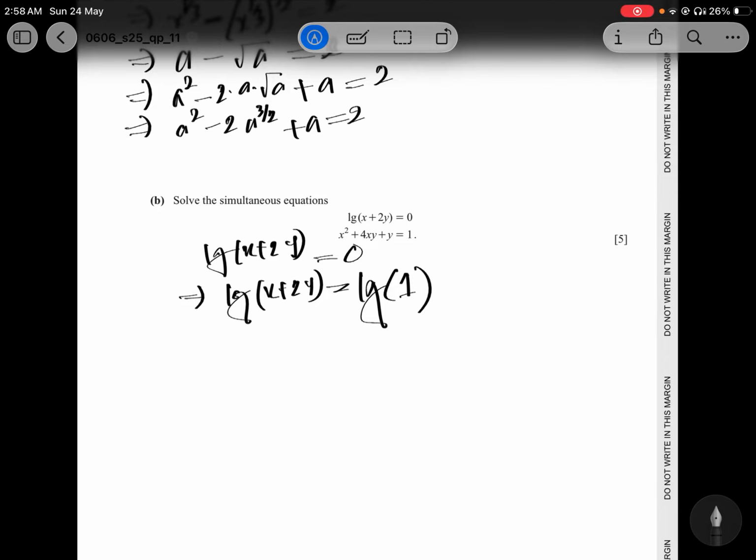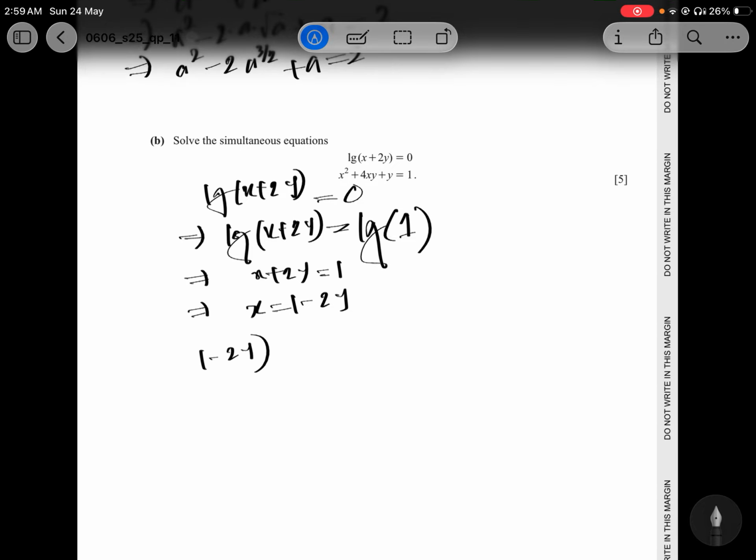Log 1 is 0, I guess. Let me just allow me thinking. Yeah, I am recalling my memory. Log of 1 is 0. So x plus 2y is equal to 1. So my x is equal to 1 minus 2y.